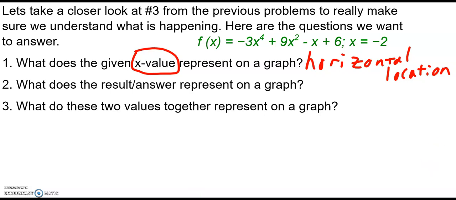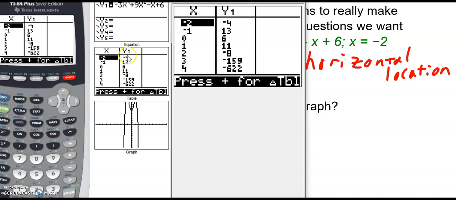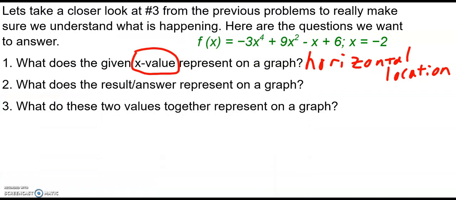So again, if we look back at the calculator, well, what did we do to find the answer? Remember, we used the table. What is the table showing us? It's showing us y values, right? So this represents a y value, but on a graph, we would call that a height.